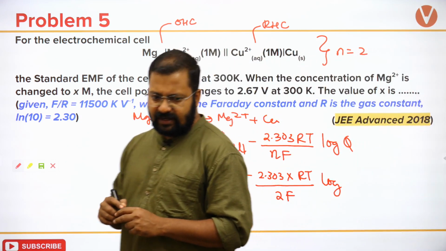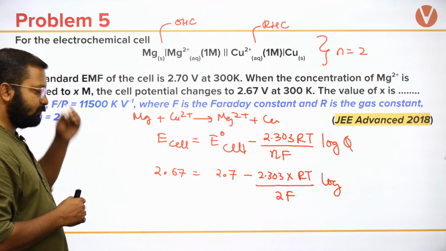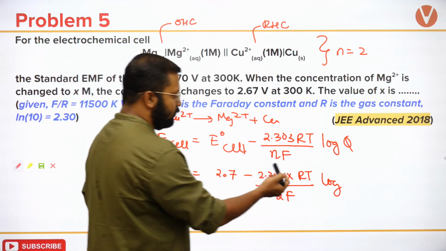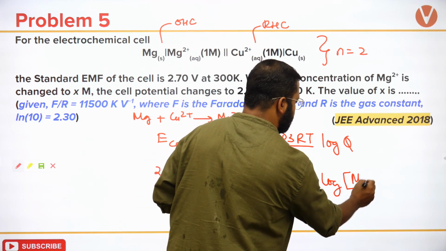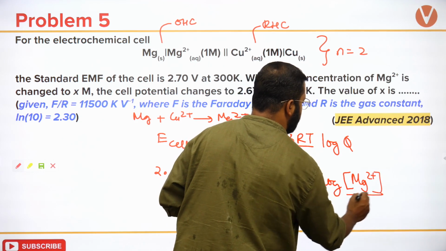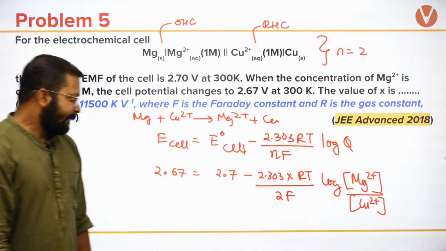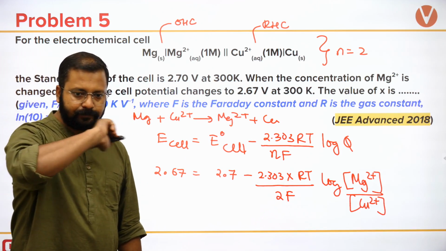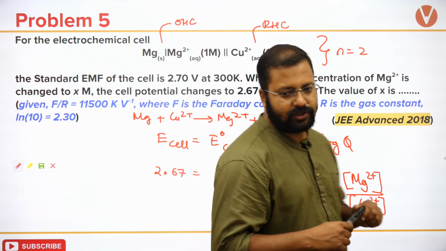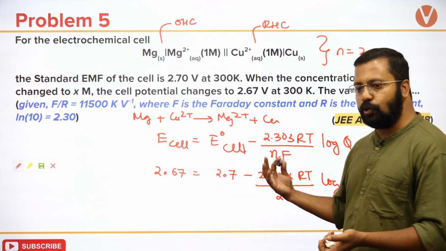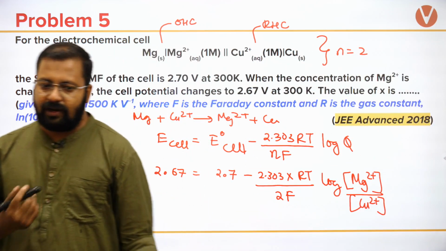I don't know, 10 is the answer. Let's see. Q will be written as Mg2 plus ion concentration by Cu2 plus ion concentration. You will take Mg2 plus ion concentration as equal to x and Cu2 plus ion concentration equal to 1. Solve this equation, you will get the answer.